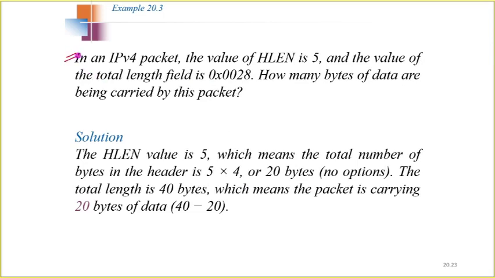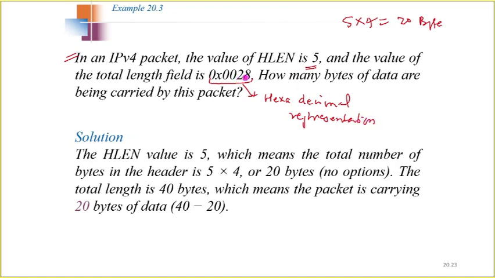The next question: in an IPv4 packet, the value of H length is 5. H length is 5, so 5 multiplied by 4 means 20 bytes. So 20 bytes is the header length. The value of the total length field is 0x0028. This representation is basically used for hexadecimal, so this 28 is in hexadecimal.